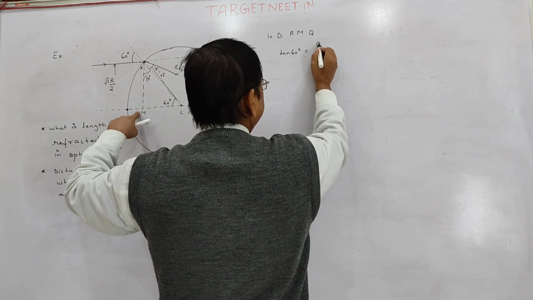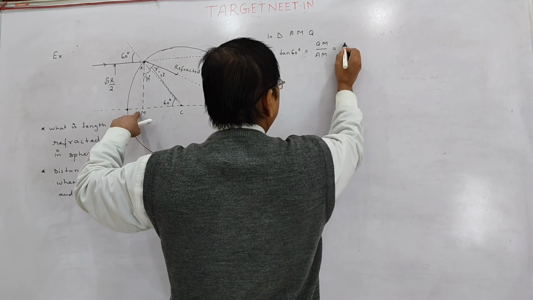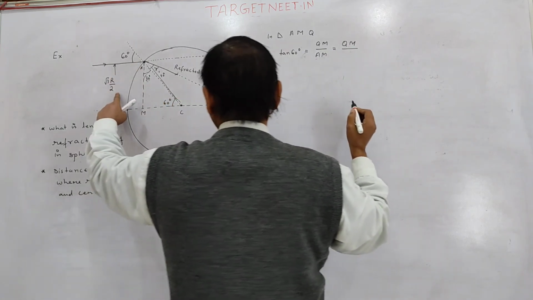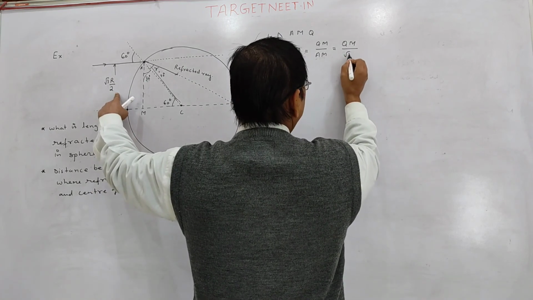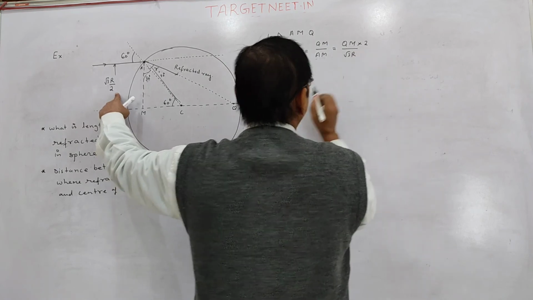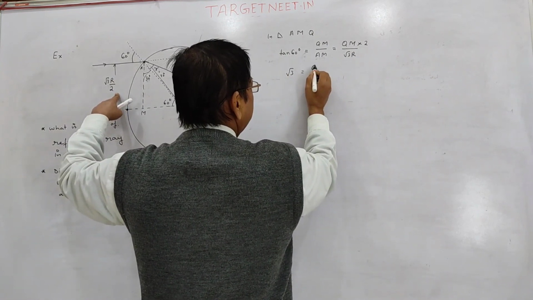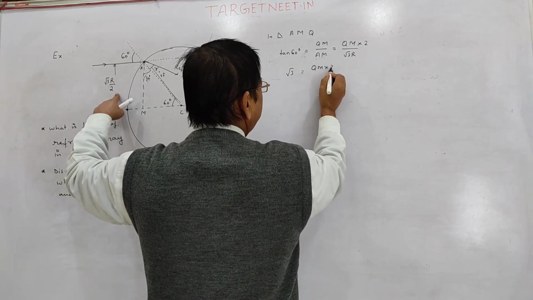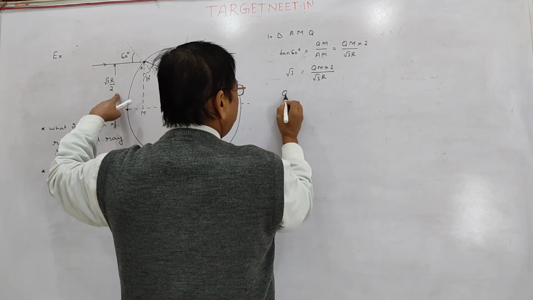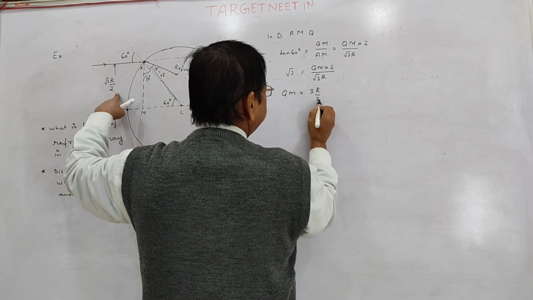So QM upon AM, AM is this, root 3 R by 2. So it is root 3 is equal to QM into 2 divided by root 3 R. So QM is 3R by 2.